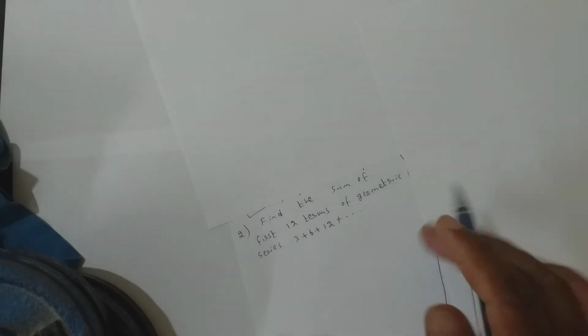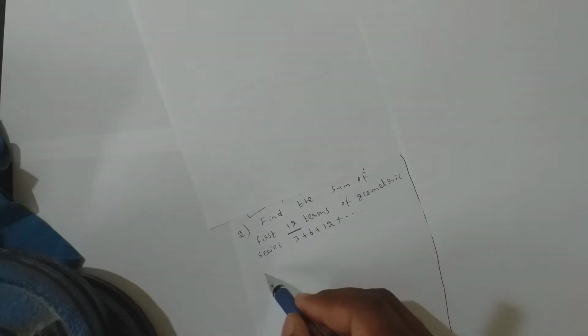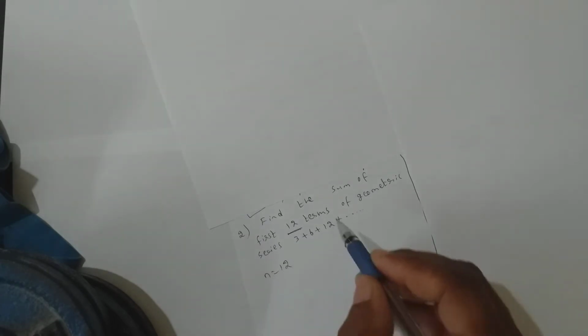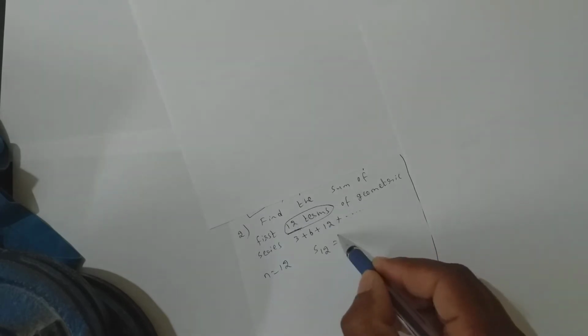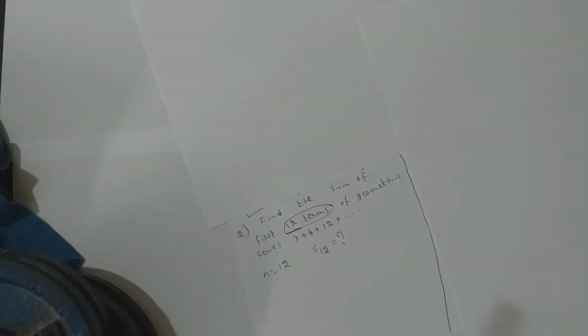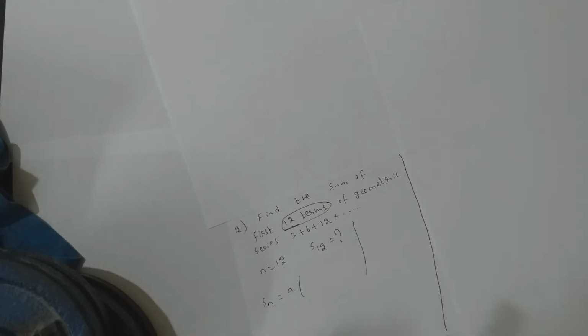Look at the next sum. Find the sum of the first 12 terms of a geometric series. So he told 12 terms, which means n value is 12. And what do I need to find? Sum of 12 terms means S12 equals how much? It's pretty straightforward. What is the formula for Sn? A into, is my r less than 1 or greater than 1?